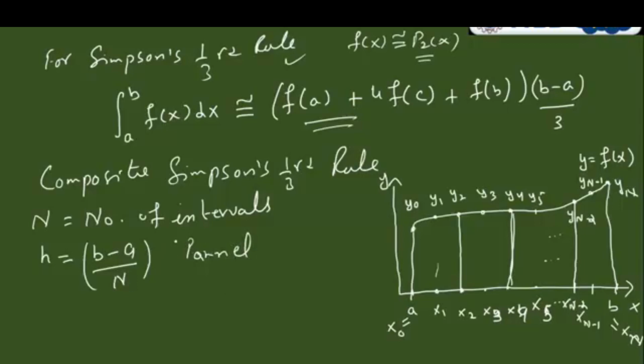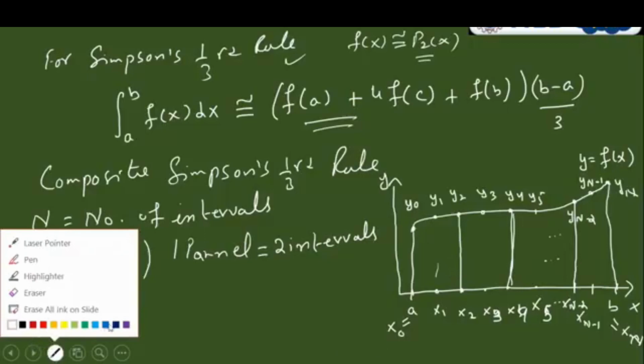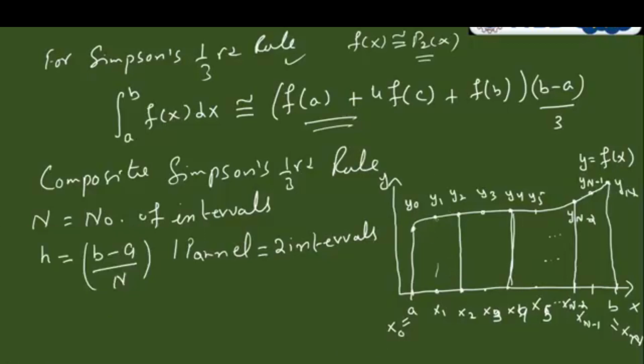And one panel is equal to two intervals. In Simpson's 1/3, in trapezoidal it is one panel equal to one interval. In Simpson's, I have two intervals there, x0 to x1 and x1 to x2, but I'm combining these two intervals and treating that as one unit. That one unit is called one panel. So this is second panel, third panel, fourth panel, and so on. Okay, so I'm combining two intervals to make one panel. So to distinguish, I'm using a different color so that you can understand what I mean.